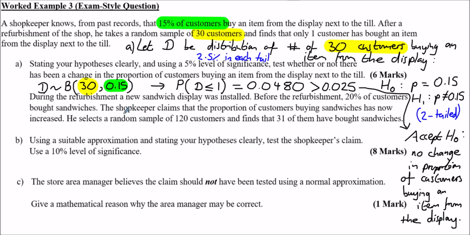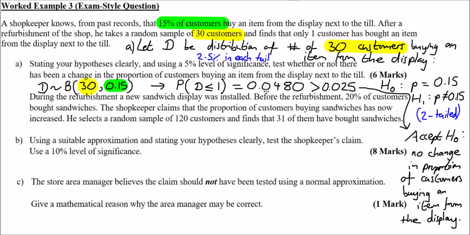So, for B here, it says during the refurbishment, a new sandwich display is installed. So a new sandwich display comes on board and maybe changes things. Before the refurbishment, 20% of customers bought sandwiches. The shopkeeper claims that the proportion of customers buying sandwiches now has increased.